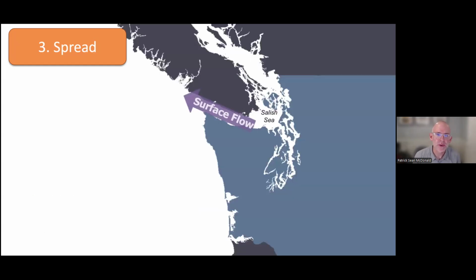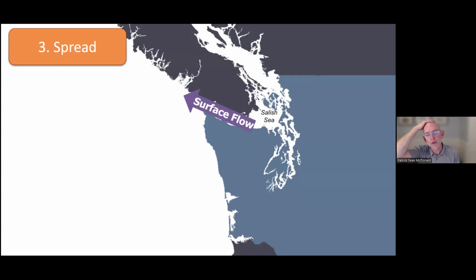Apologies. Okay, so now I already mentioned that as they spread up the coast, they've mostly been out on the outer coast of Washington State and British Columbia. They've even spread now as far north as southeast Alaska.